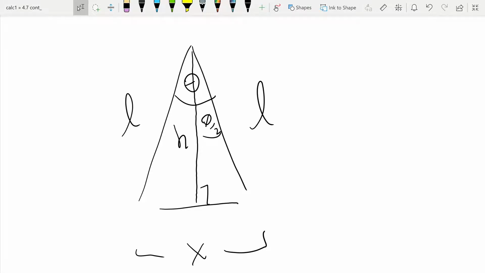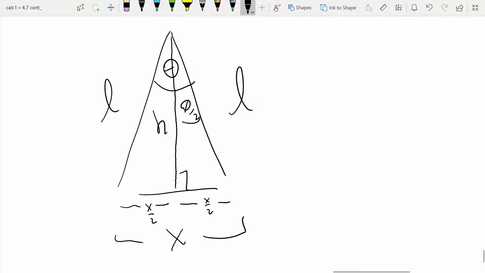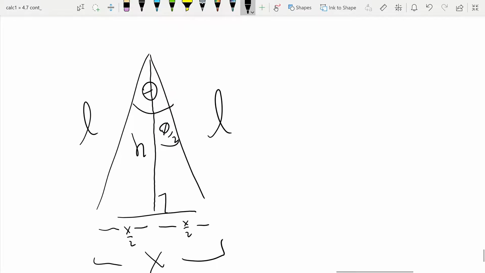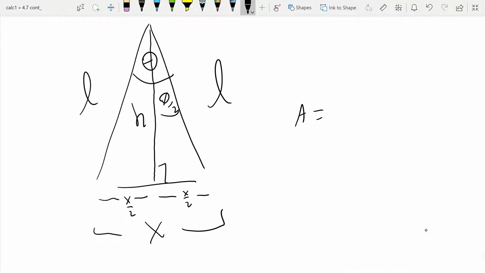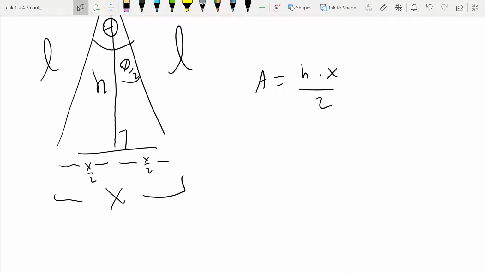Since the triangle is isosceles, this is actually also x over 2, and from here to here we also have x over 2. So what do we know then? That the area is equal to h times x over 2. Okay, but what is h?